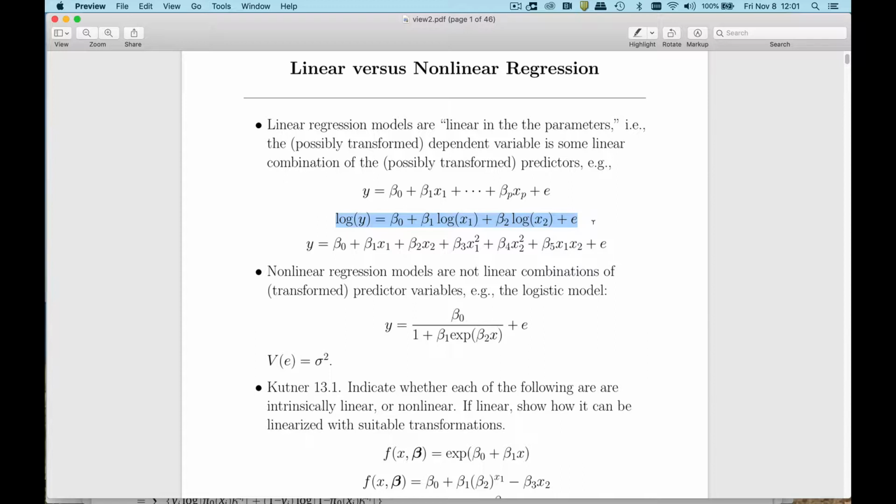What makes it linear in the parameters is that I have some dependent variable that is a linear transformation of some set of predictor variables. What do I mean by a linear transformation? All of my predictor variables are just multiplied by some constant and added together.